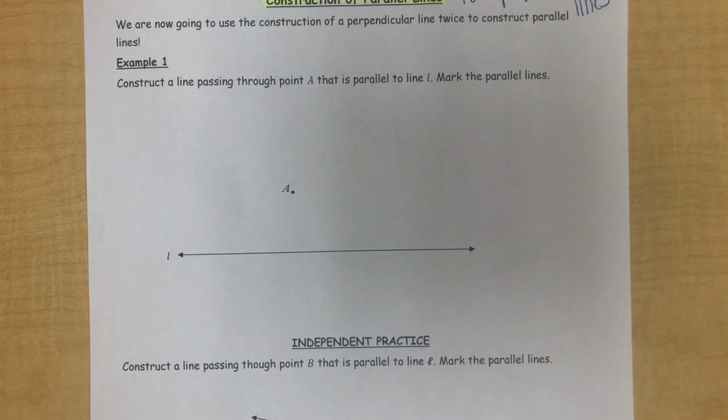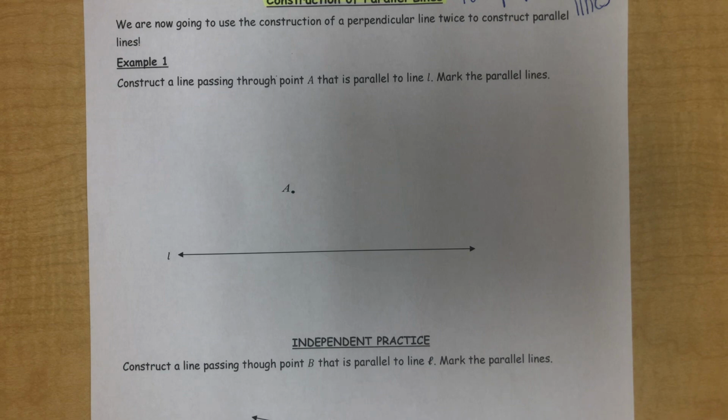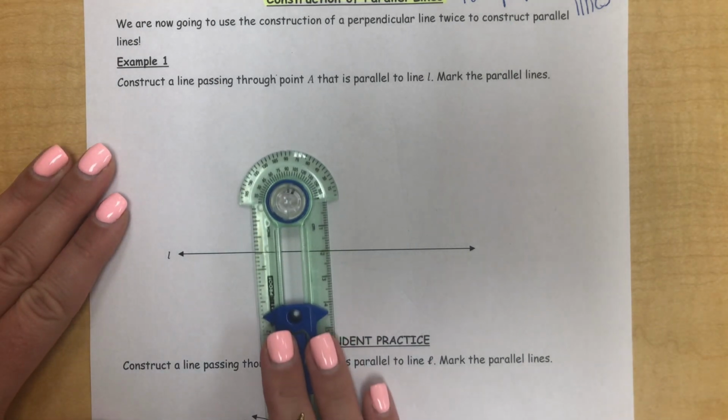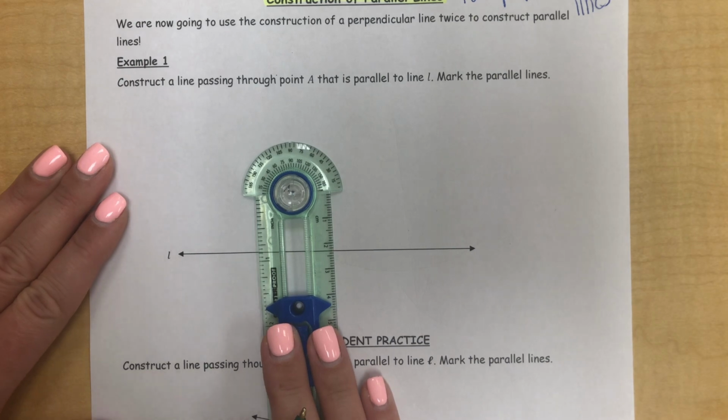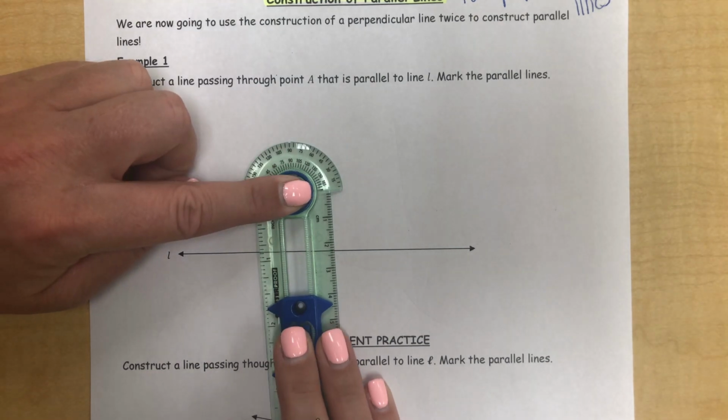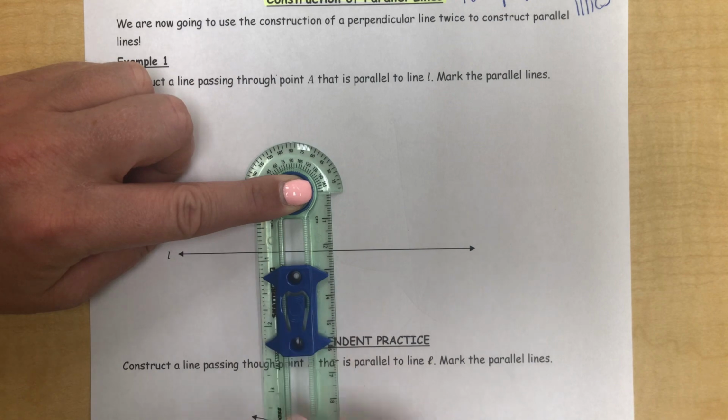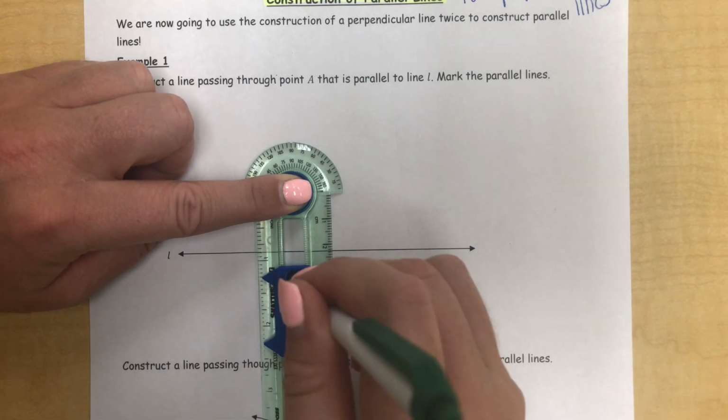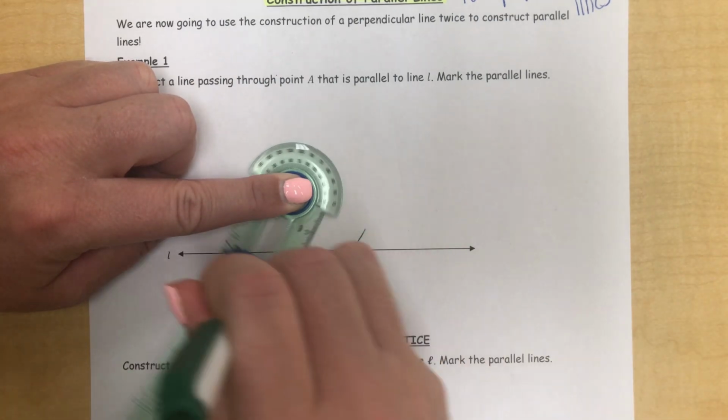Well, before I can find that parallel line, the first thing I'm going to do is find a perpendicular line. So we already know how to find perpendicular lines. I take my compass, I put my pointer so it's lined up with A. A is in the middle. I make sure that my slider is just below line L, and then I'm gonna swing.